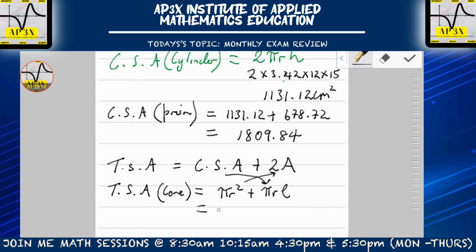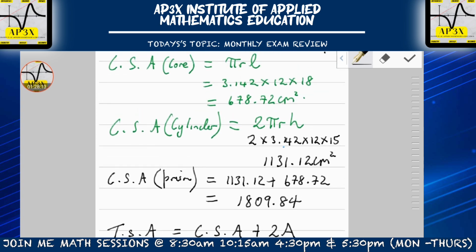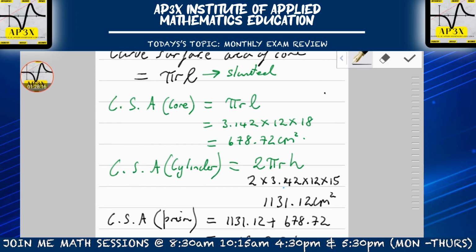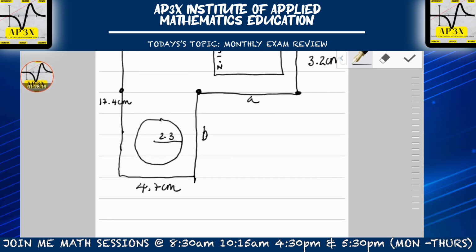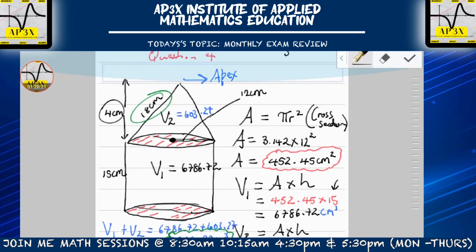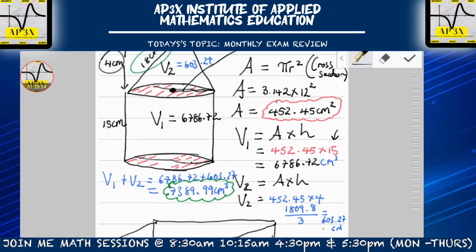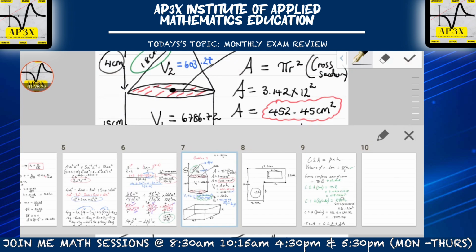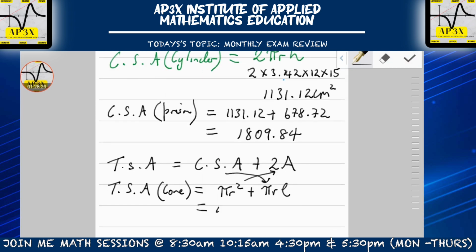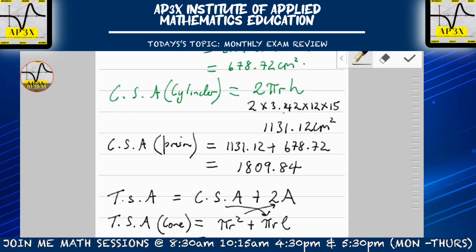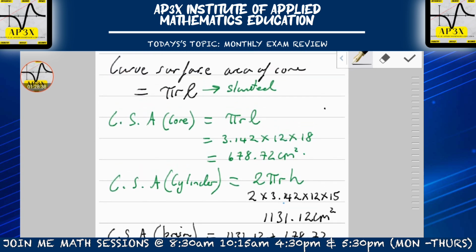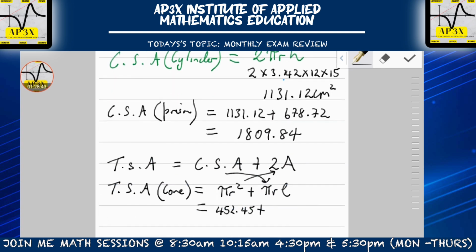A little intuitive thinking here. We would have already calculated pi r squared. Let's go back to that. The pi r squared, which we calculated here, would have already been 452.45, so we can just drop that in right here. And the pi r l we calculated up here to be 678.72. So most of the math was already done for us.